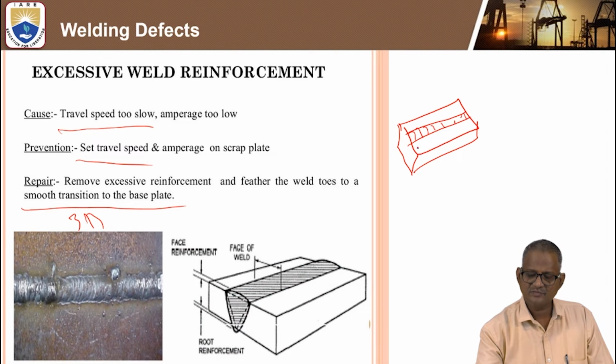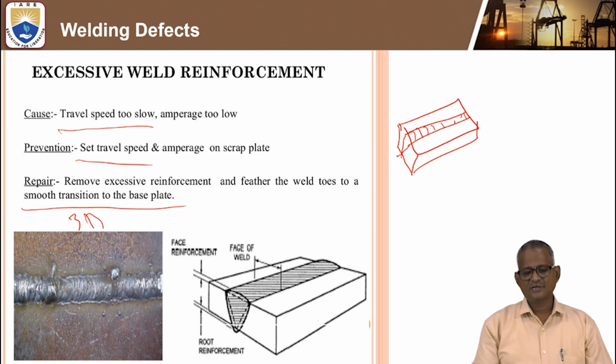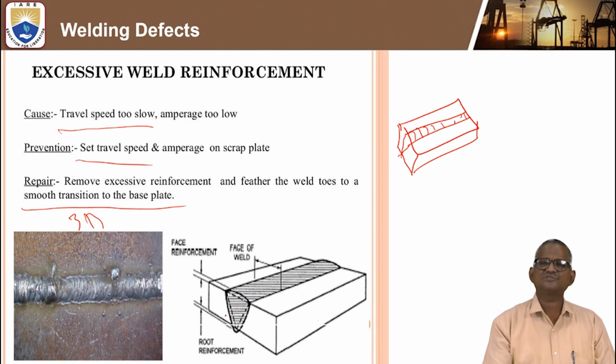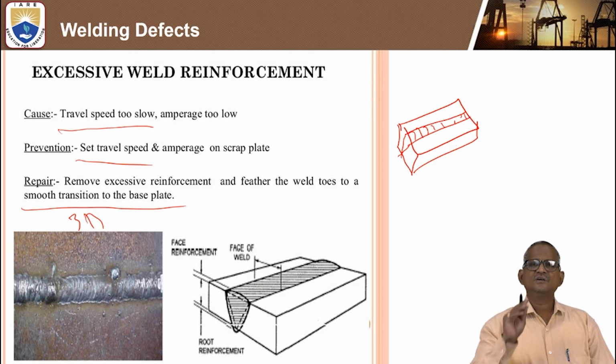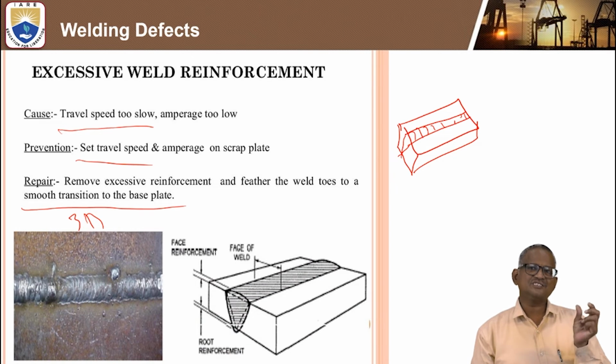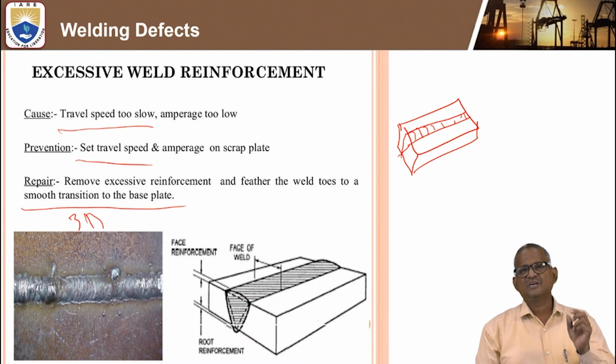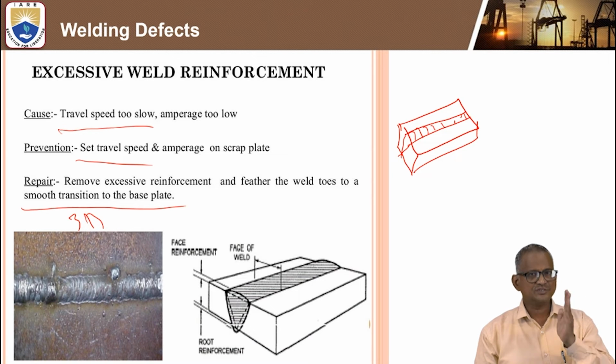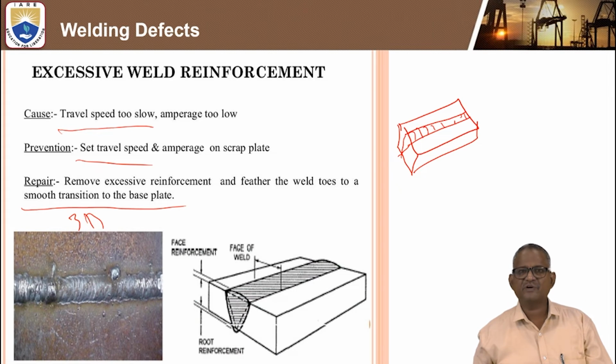It will come exactly like this. Rather than this, overflow should not be maintained. So this is the excessive weld reinforcement, one of the important defects. In this case, the remedy is that you should maintain a good travel speed and the settings of the power parameters.